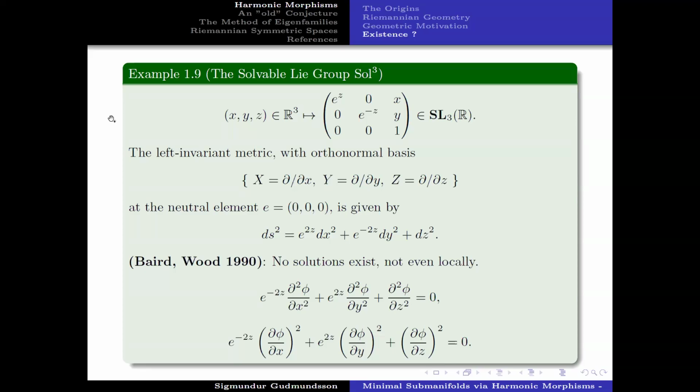It's equivalent to the Ricci curvature only having two eigenvalues. But this Sol group has Ricci curvature with three different eigenvalues. So there is no solution. It's a beautiful geometric argument.